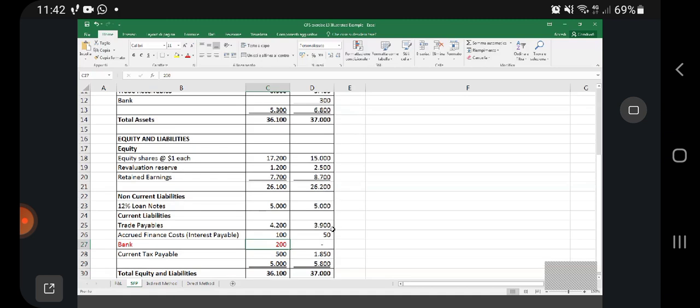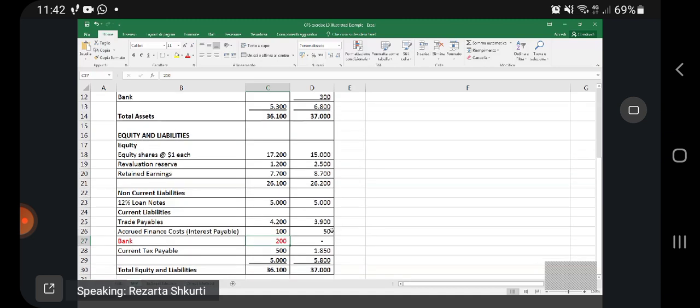Next, the equity and liabilities. We have equity shares. You see that we have an increase in equity shares. That means that probably during this time we have issued new shares, from 15,000 to 17,200. We have the revaluation reserve.